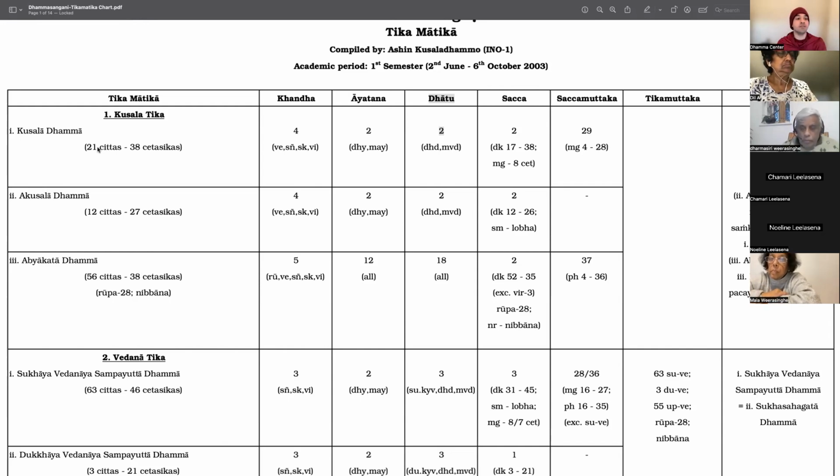What do we leave out? There is no rupa in kusala. So then khanda is only the mano khandas: Vedana, Sanya, Sankhara, Vinyana.